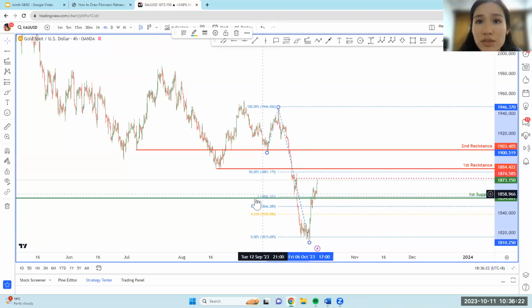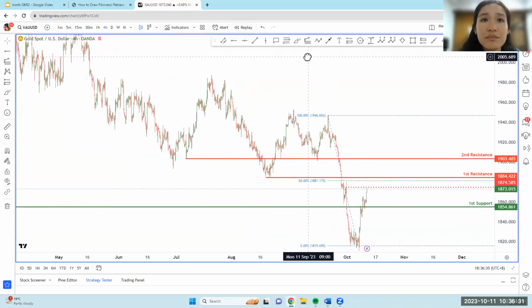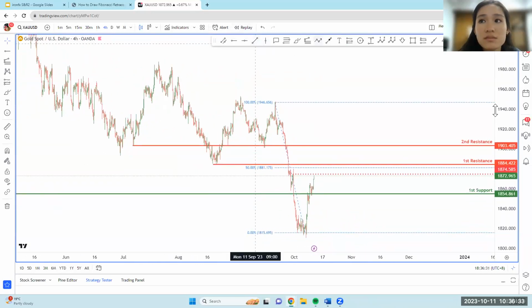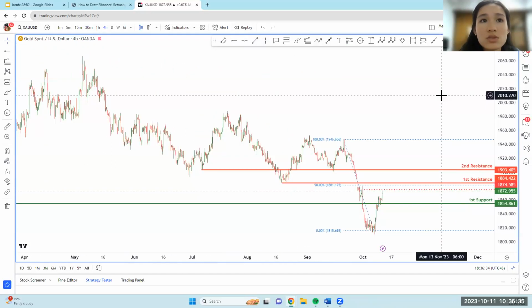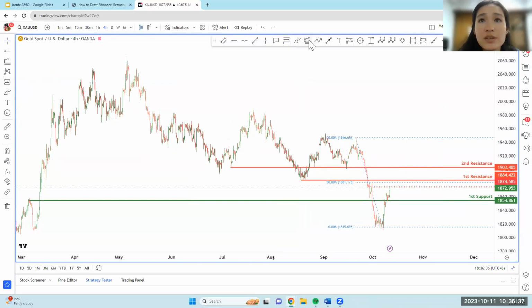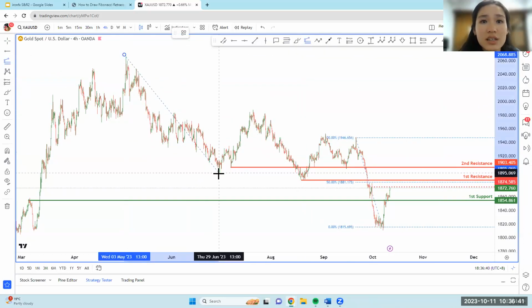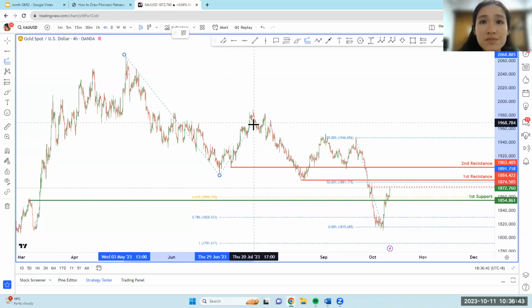But this is no longer valid because price has already broken out of the 100%. So even though it does line up with my first support, I can't use that anymore. Sometimes you do see some charts that are a little bit more difficult to find Fibonacci levels.